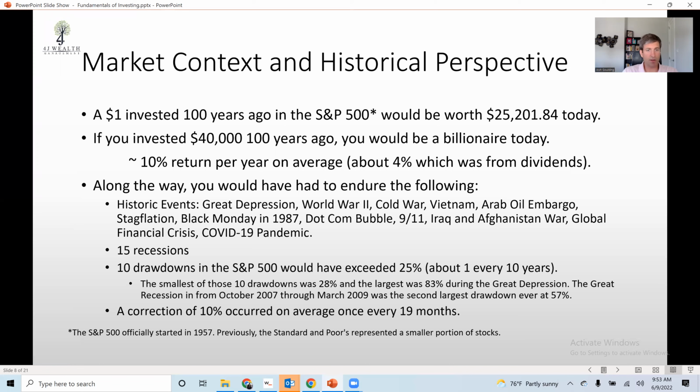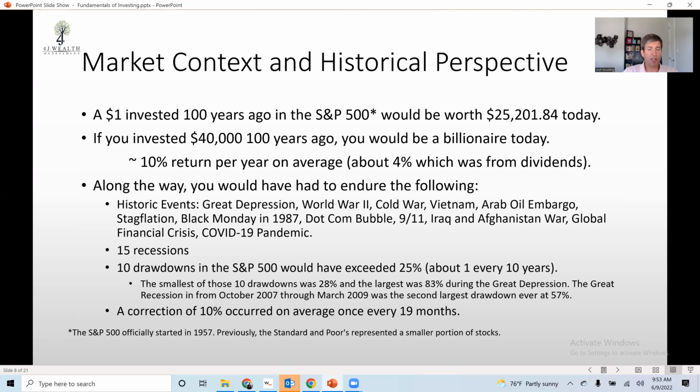The stock market has returned about 10% on average per year. About 4% of that has come from the form of dividends, where companies have paid out their profits to shareholders. Along the way, you would have had to endure the following: the Great Depression, World War II, Cold War, Vietnam, Arab oil embargo, stagflation of the 1970s, Black Monday in 1987, dot-com bubble, 9/11, Iraq and Afghanistan war, the global financial crisis, and most recently, the COVID-19 pandemic.